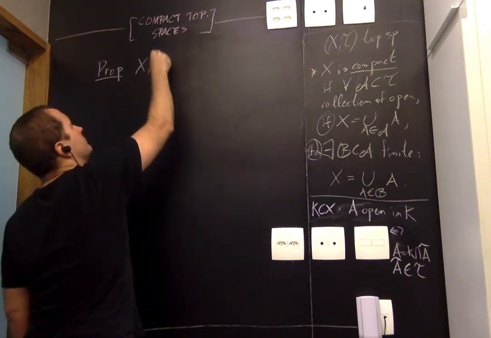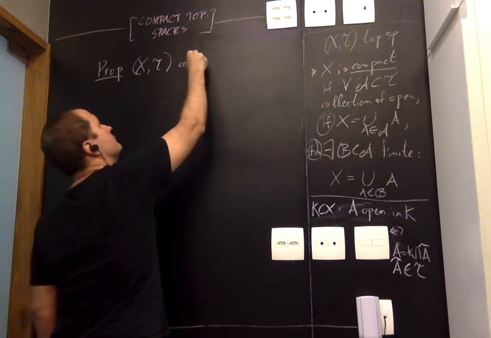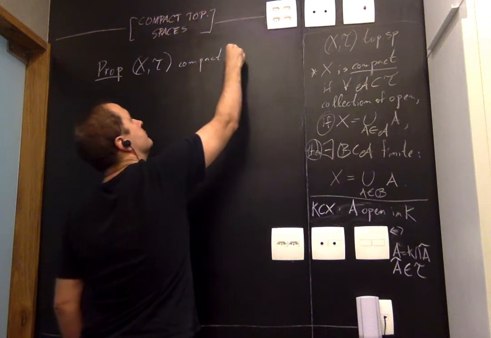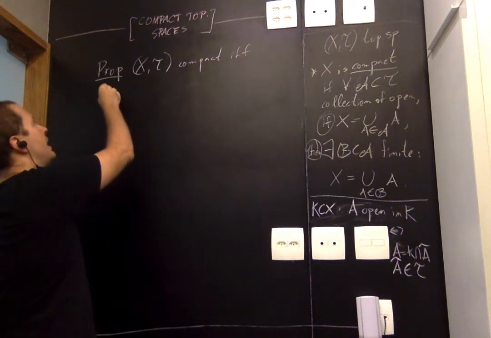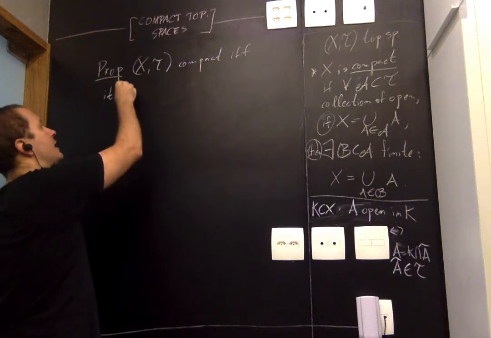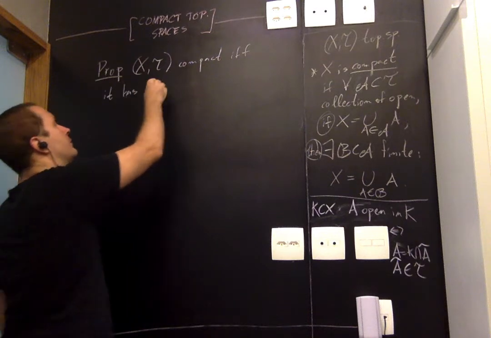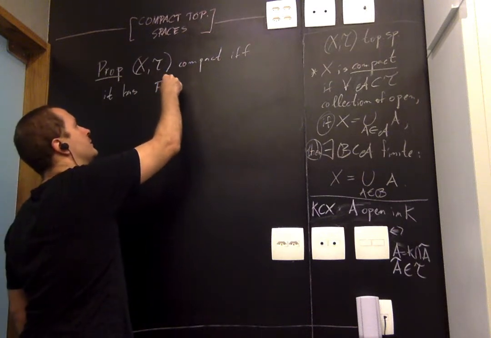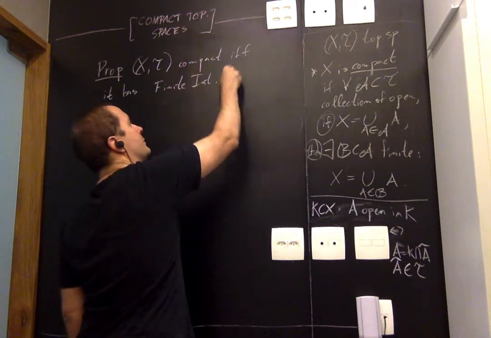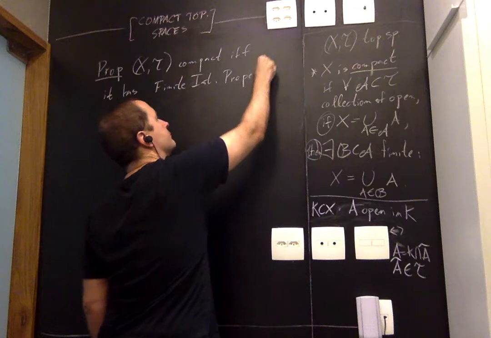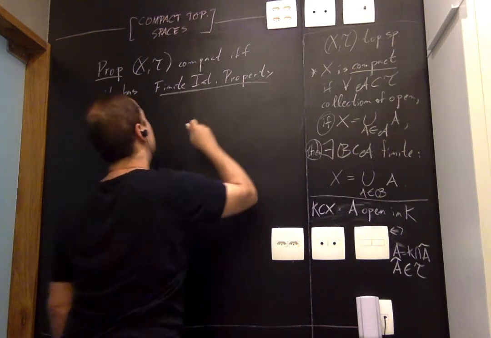A space is compact if and only if it has the finite intersection property. So what is this?